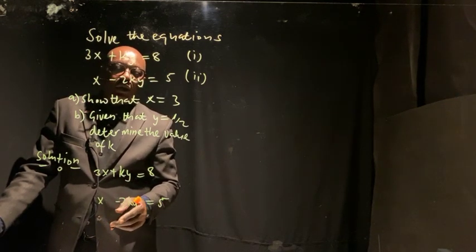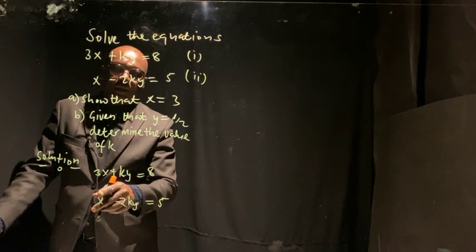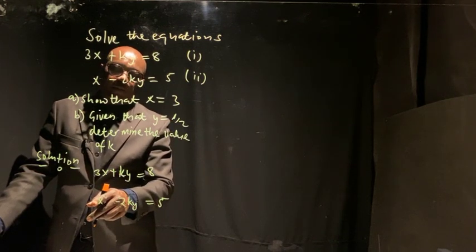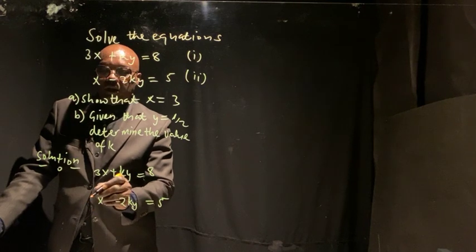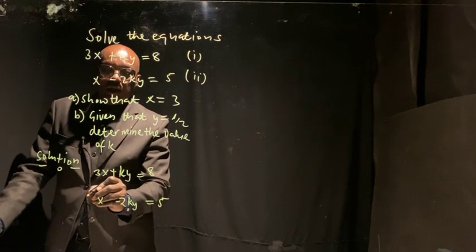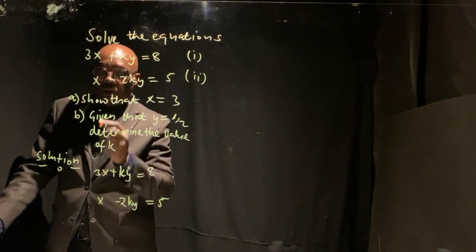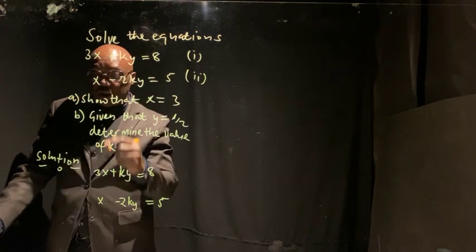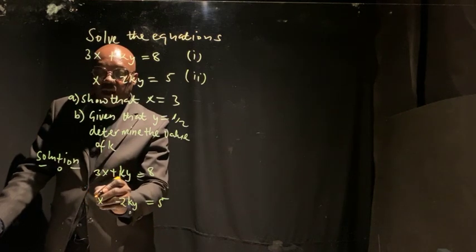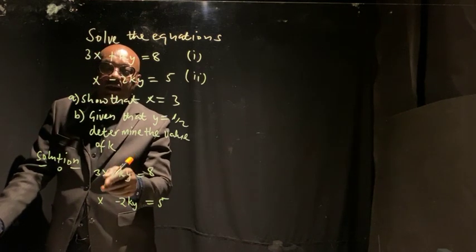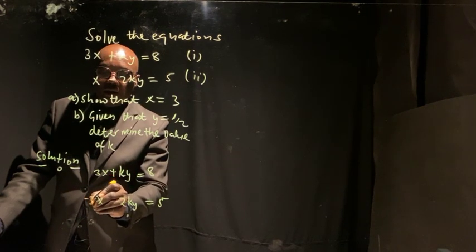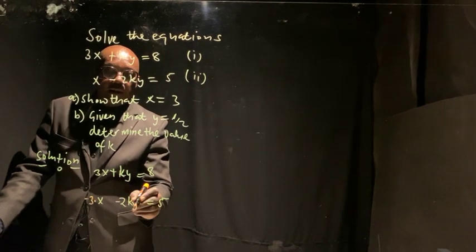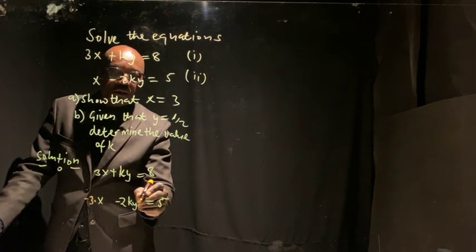For instance, if we prefer to eliminate x by multiplying the second equation by 3, it is not a big deal. We'll multiply it by -3. And watch here, multiplying the second equation by -3 as we are trying to eliminate the x.